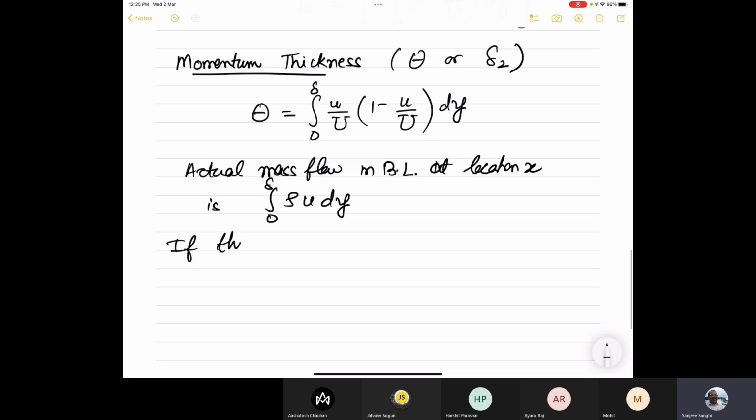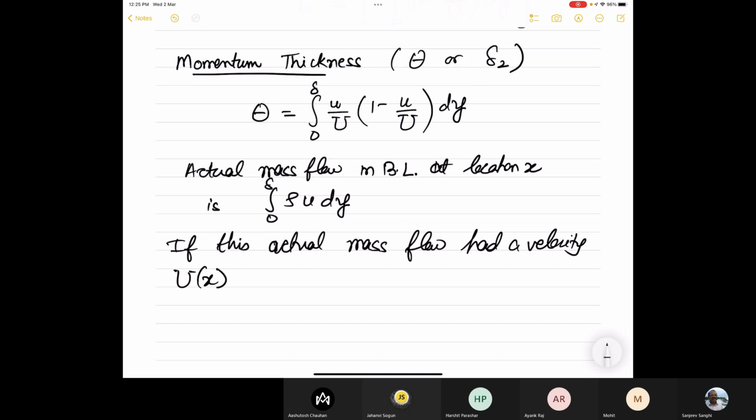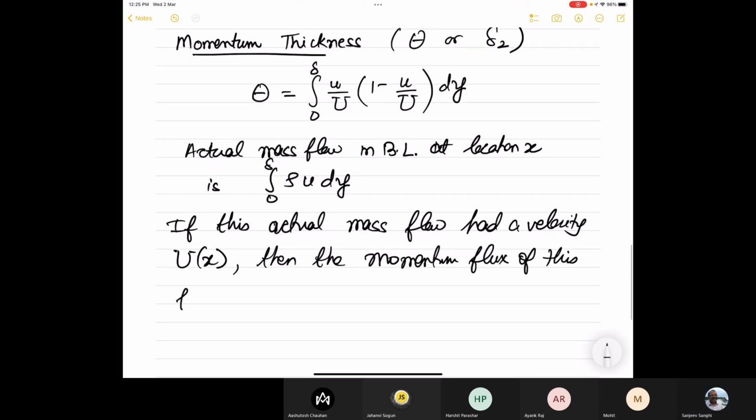Now, if this actual mass flow had a velocity capital U of X, the potential flow velocity, then the momentum flux of this flow would be capital U times the integral from 0 to delta of rho u dy.